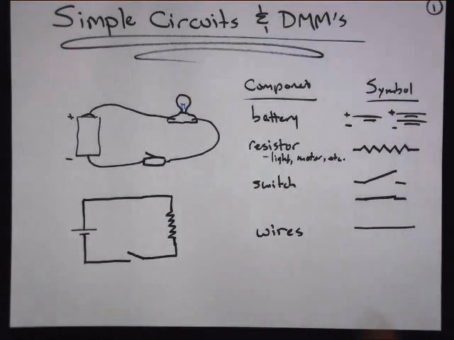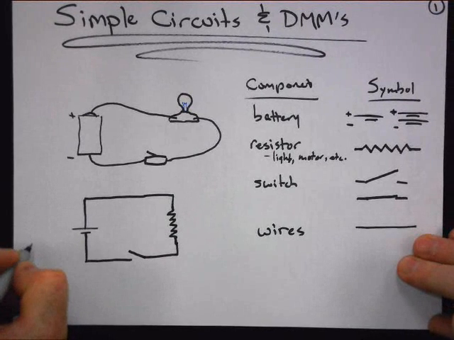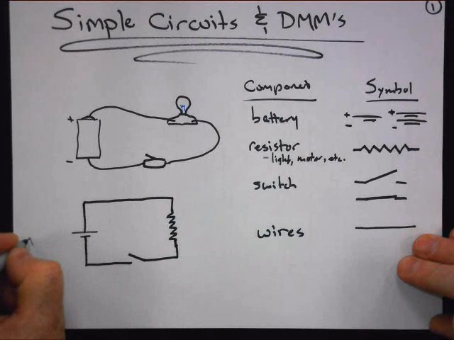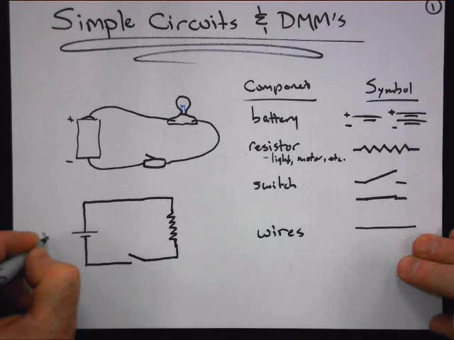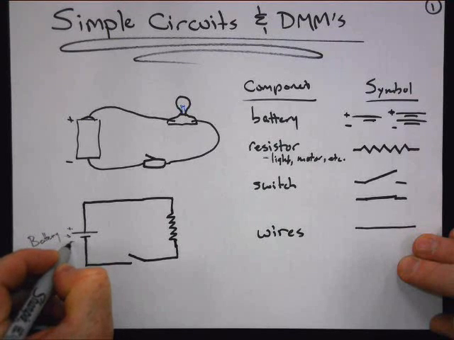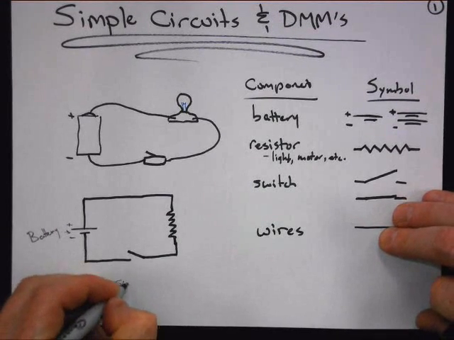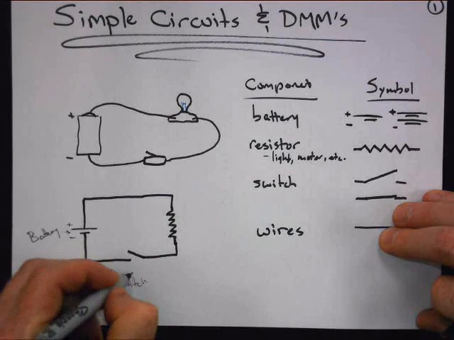Some labels. This is a battery. And oops, come on, marker. There we go. Battery right there. We have a positive side and a negative side to the battery. We have a switch. Easy to see here.